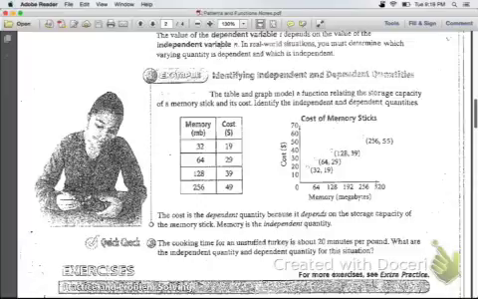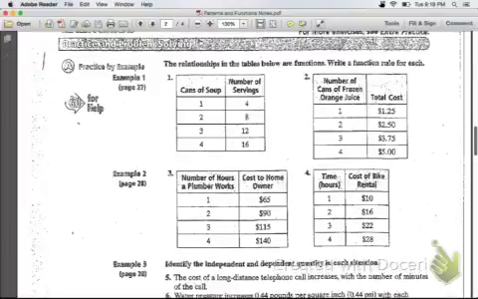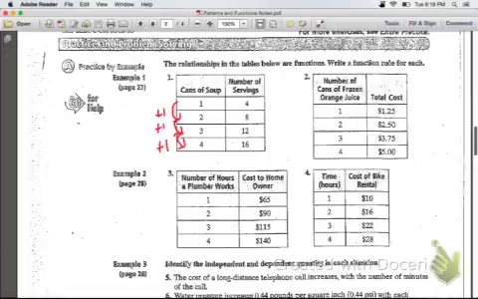Let's try a few more exercises here. So let's get some practice. The relationships in the table below are functions. Write the function rule for each. So I like to look at this as, this is the x value, right? And it's going up by 1 every time. Okay, what's going on over here, right?